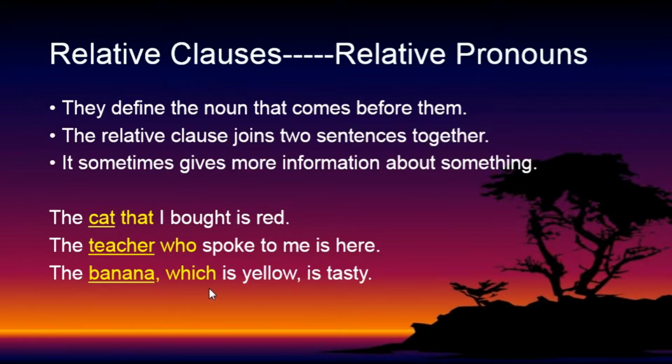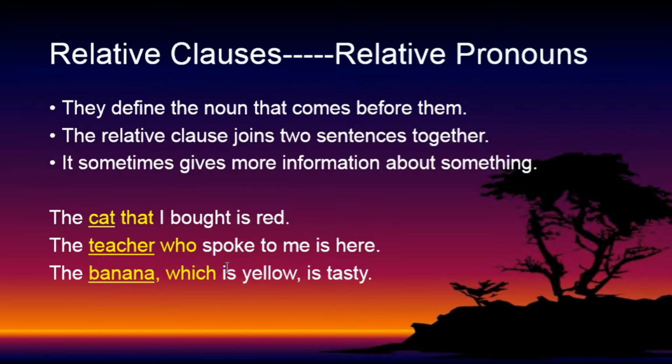The banana, which is yellow, is tasty. So which describes the noun banana. In this case I have commas because which is yellow is a relative clause with a relative pronoun which gives me extra information about the banana.